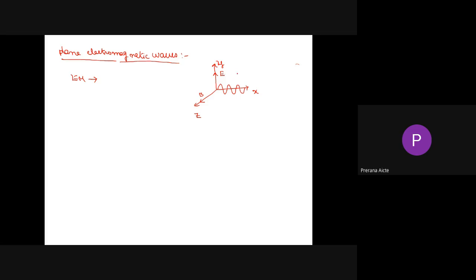At any distant point P, the magnitudes of the electric field and magnetic field depend on x and t only, and not upon the y and z coordinates. The electric field is in the y direction, the magnetic field is in the z direction, but the wave is propagating in the x direction. So the E and B values depend upon x, where the wave is propagating, and on t.